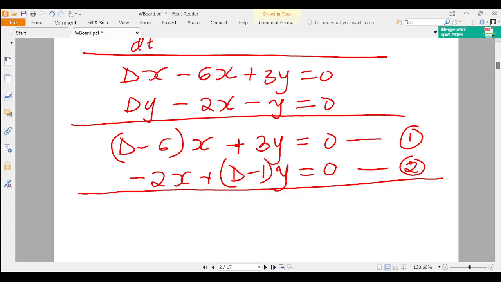If we want to eliminate y, then we need to make the coefficient of y the same in the first and the second equation. Notice that the coefficient of y in the first equation is 3, that's a constant. But the coefficient of y in the second equation is an operator.